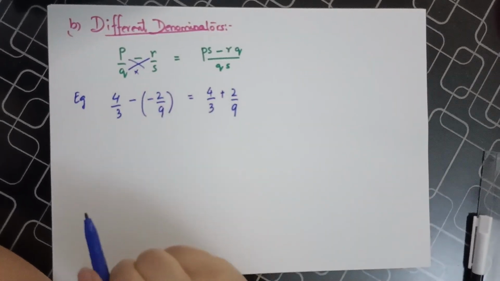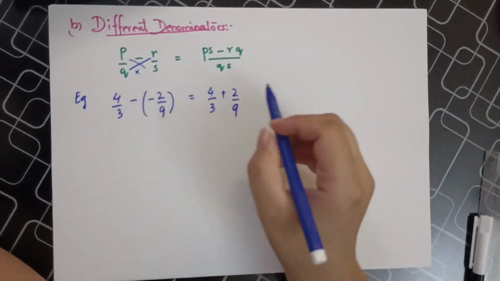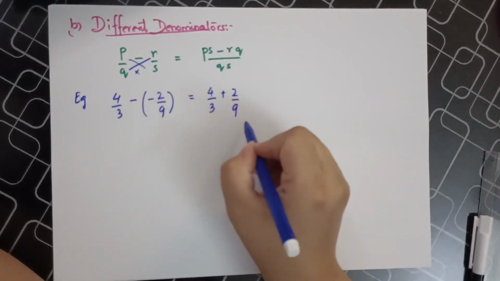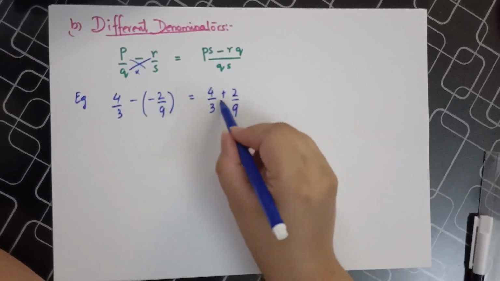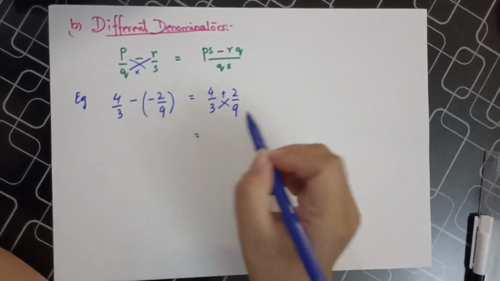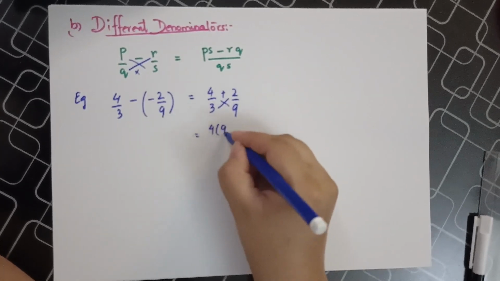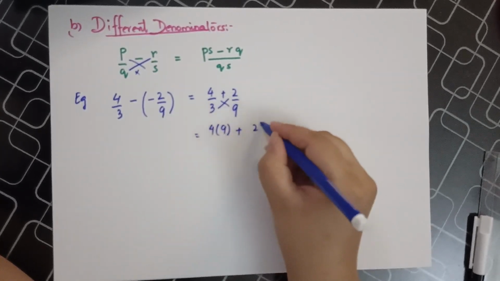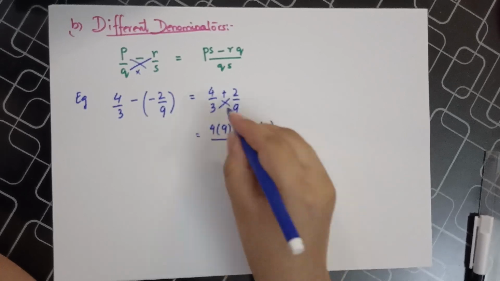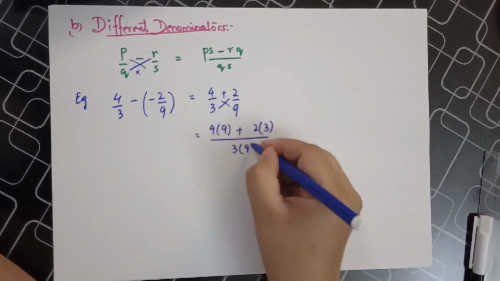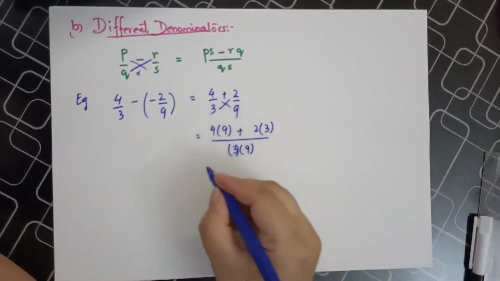Now here we have different denominators. First of all, we cross multiply them together, like 4 multiplies with 9 plus 2 multiplied by 3, and 3 is multiplied by 9, right?